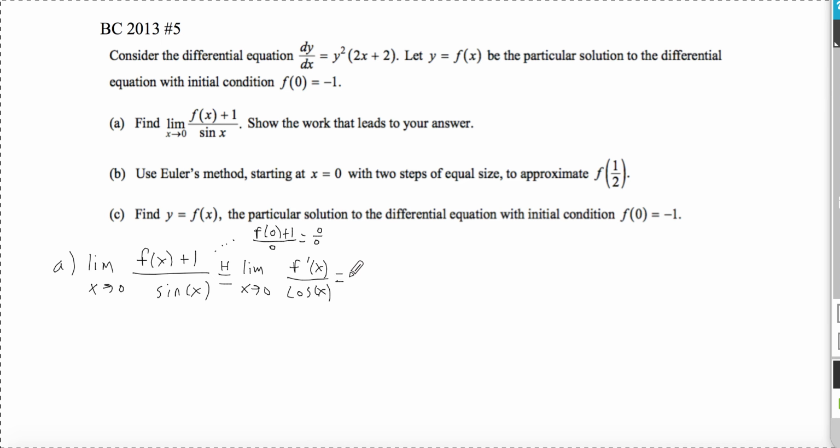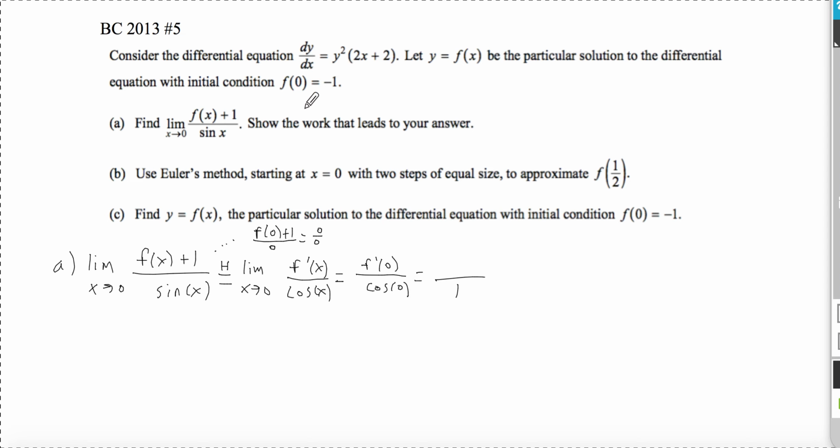So we'll try this again. This limit is going to be equal to whatever f prime of 0 over cosine of 0 is. Cosine of 0 is 1, that's easy. What's f prime of 0? That's where I have to go to my derivative. Since y is f of x, dy/dx is f prime up here. So I need the derivative when x is 0.